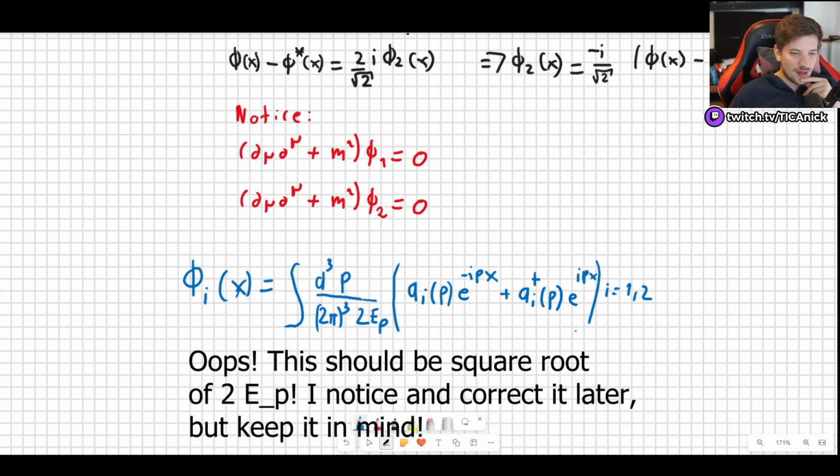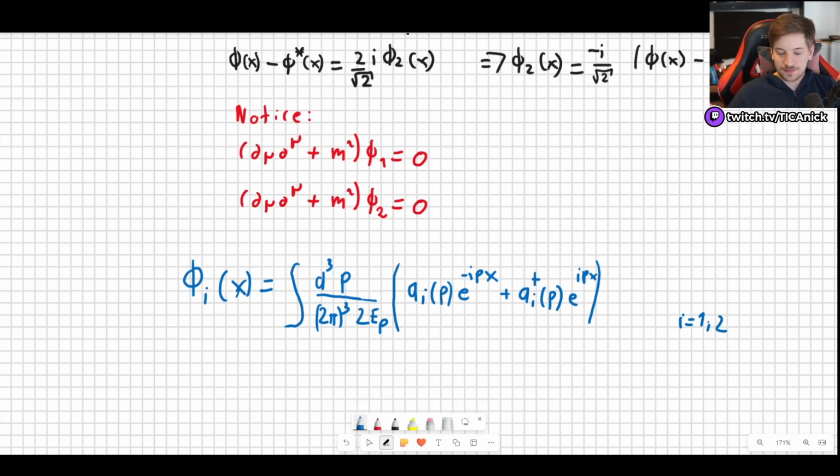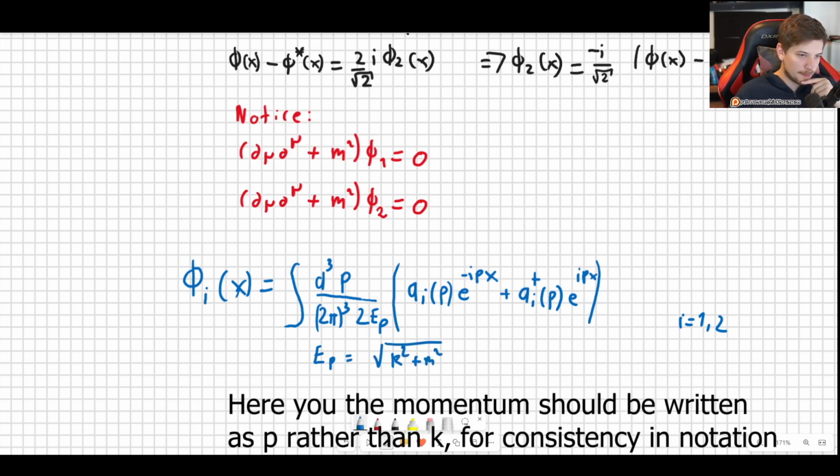So you can see that each one of these fields, 1 and 2, are going to have their own set of creation and annihilation operators. And of course, notice that the energy here is going to be the positive square root of k squared plus m squared, which is going to be greater than 0.